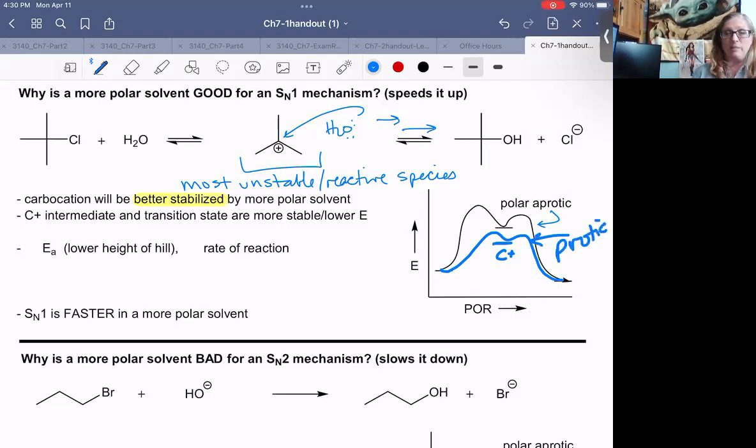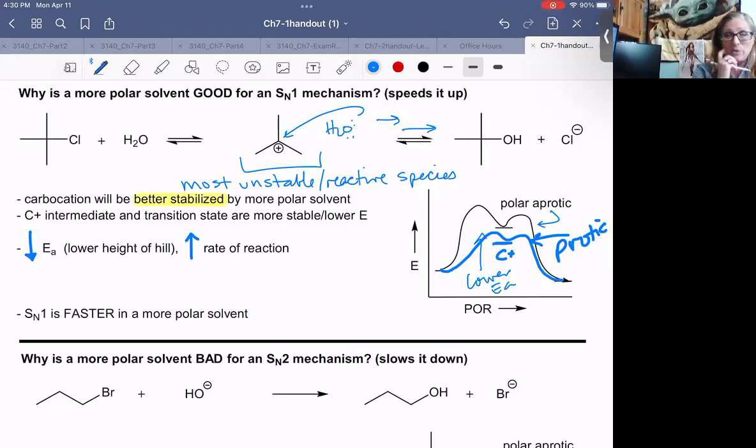A protic solvent brings down the energy of that carbocation, which makes it what? A faster reaction. Do you see that? This has a lower energy of activation. This will have a lower EA, so it's a faster reaction. If you decrease the height of the hill, if you have a lower energy of activation, you increase the rate of the reaction.